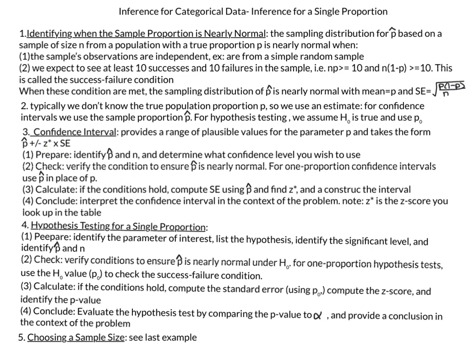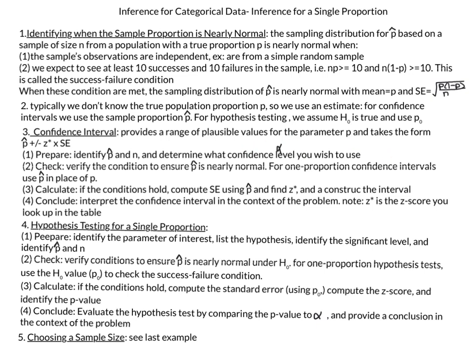So these are the steps. You identify your p hat and your sample size n and determine what confidence level you want. Often the confidence level is denoted with an alpha, and so you say things like a 90% confidence interval or a 95% confidence interval. If it's a 95% confidence interval, then your alpha is going to be 5%.